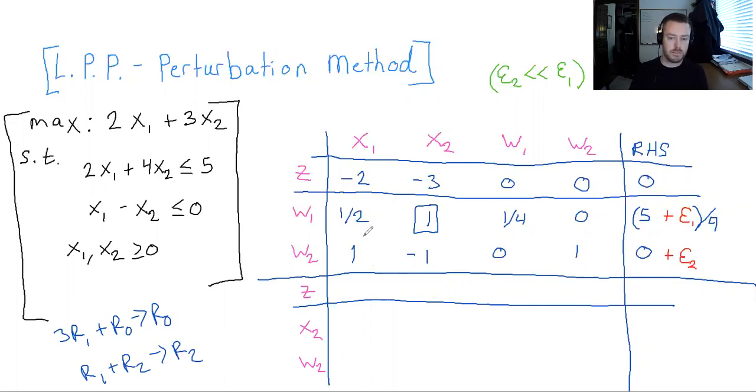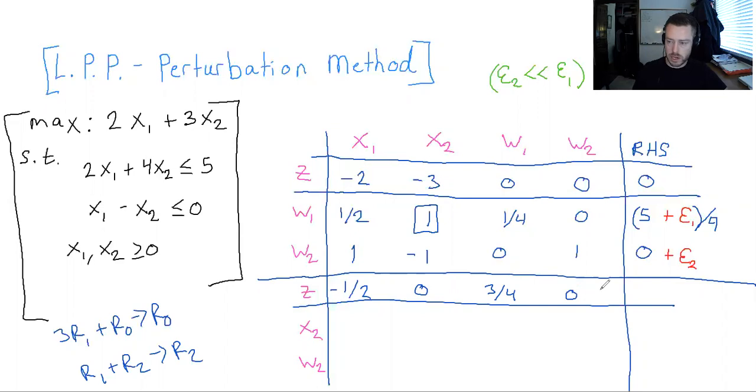Let's see if I got a calculator here. I don't want to have to do this. All right. So I have 3 halves minus 2. It's going to give me -1/2. That's going to be 3 plus -3. It's going to be 0. 3/4 plus 0 is just going to be 3/4. 0 plus 0 is that.